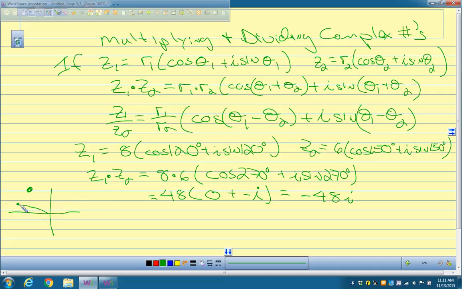So if I multiply these two complex numbers together, I end up getting this complex number, negative 48i, over here. Trigonometrically it comes from here, but algebraically, this is the answer you get, negative 48i, which would be way down here somewhere.